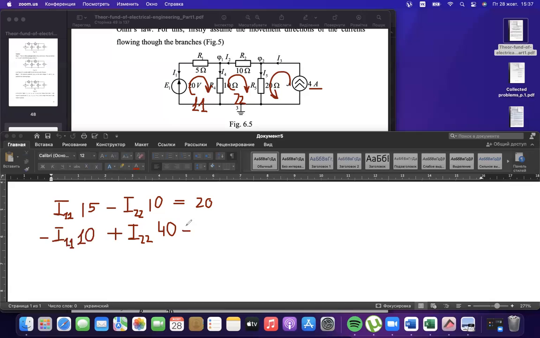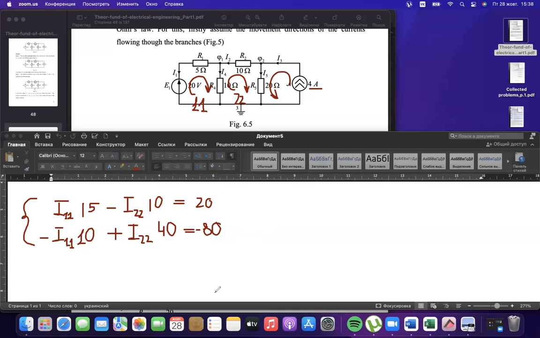Then plus J equals 4 amperes on the 20 ohms, and equals any source, 0. And here is our system. We have 80 with minus. What could we do?